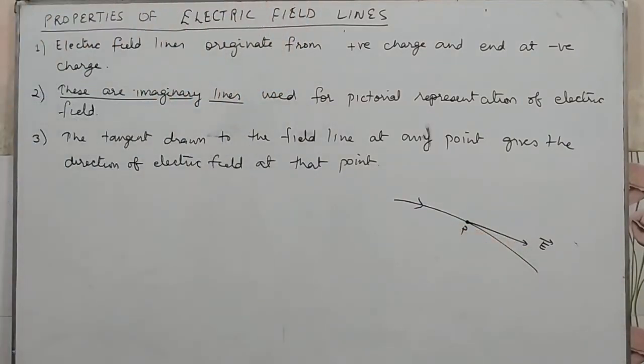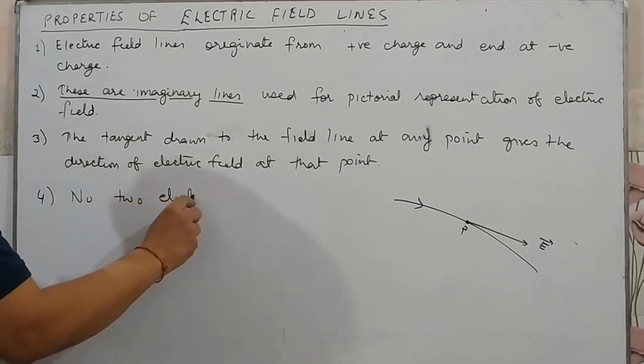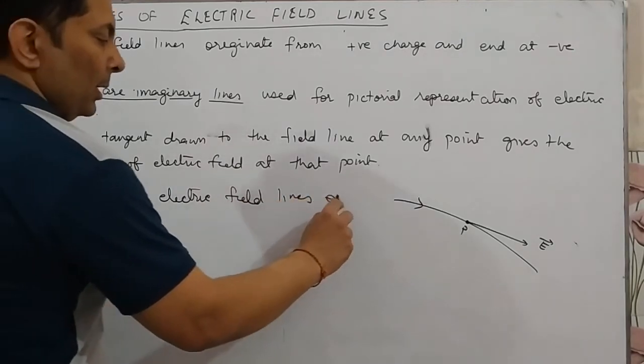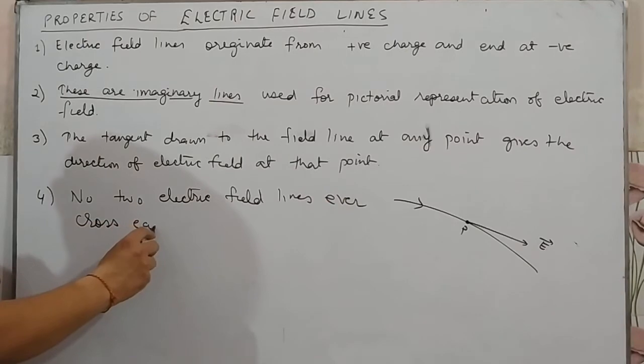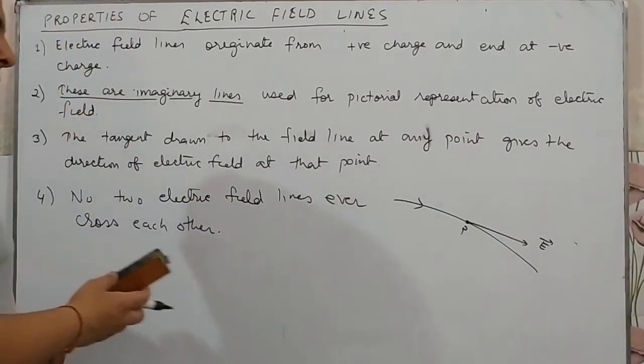Using the same concept, we can say that no two electric field lines ever cross each other. Why is this so?